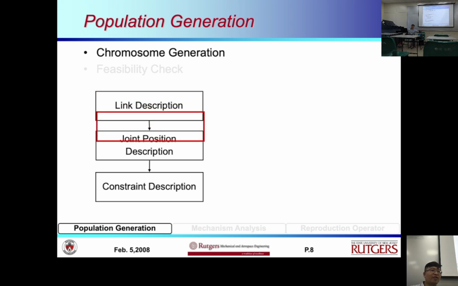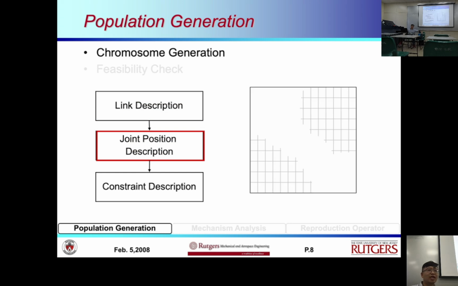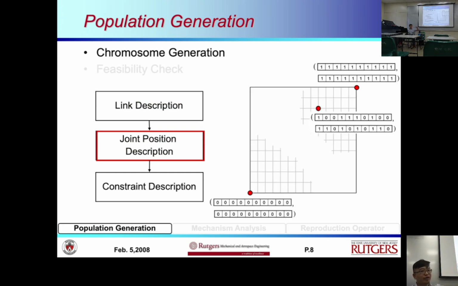So second thing she's going to use the binarized code is the position of every joint. In her particular example, she used 10 different digits to represent the x or y coordinates of every joint.